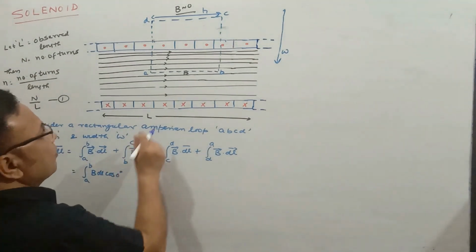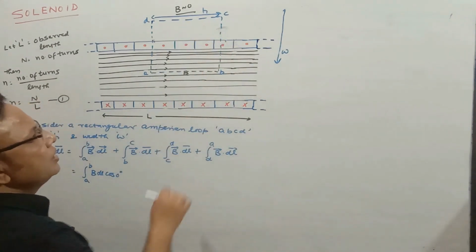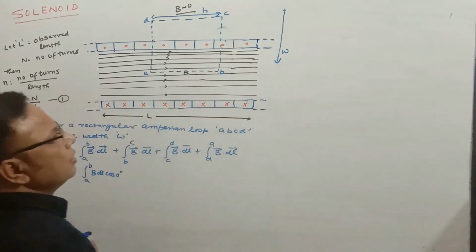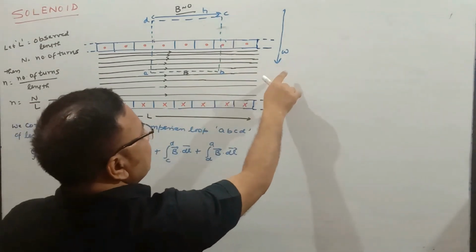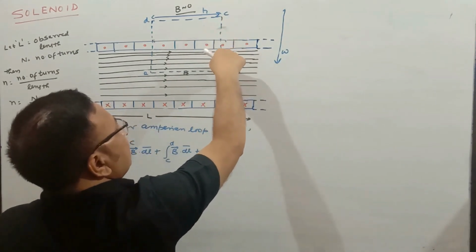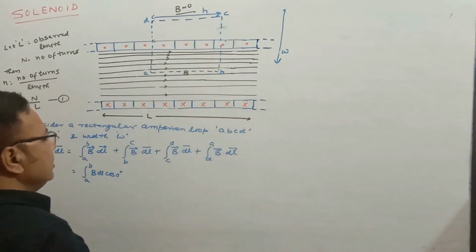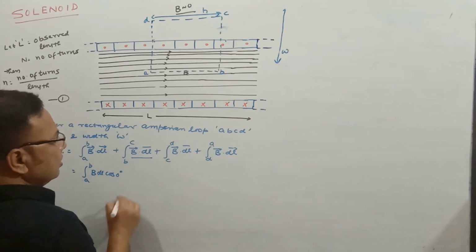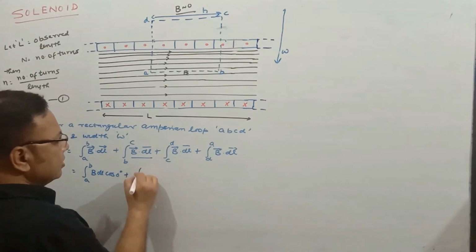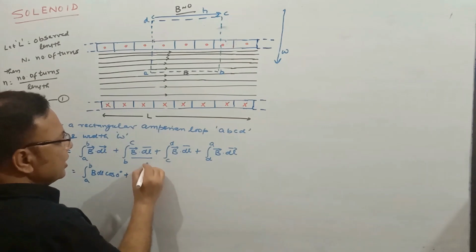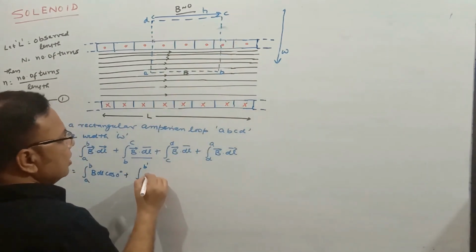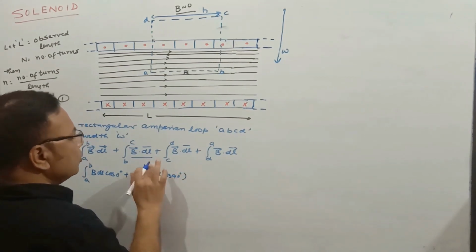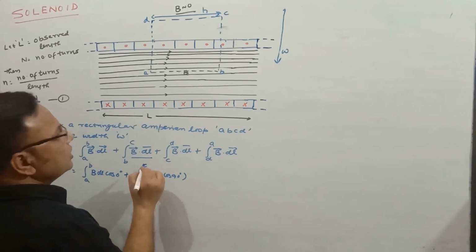From B to C, there are two parts. In this direction, the magnetic field B is rightward and dl is upward, so these two make an angle of 90 degrees. The first part I am going to write as B to B dash, say here we are taking B dash. It is B dl cos 90 degree. Or you can write completely the first half, B to C, directly.